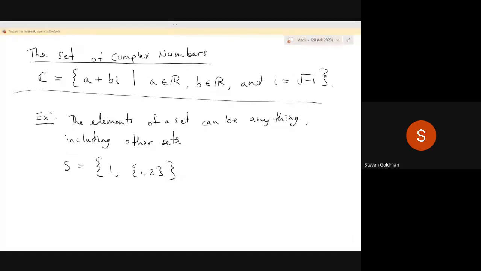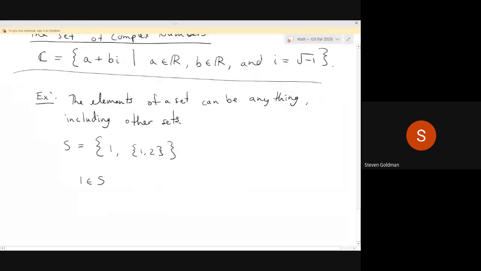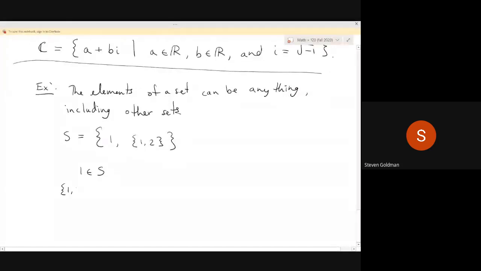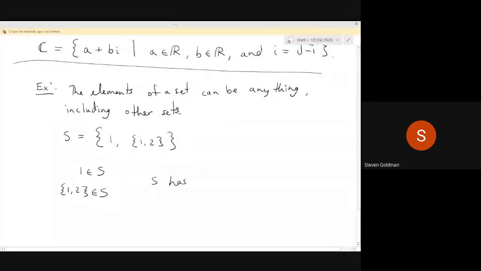How many distinct elements? Yep, there are 2 elements in here. What are the 2 elements? 1 is an element of the set S, the number 1. And also this set including the numbers 1 and 2 is an element of the set S.